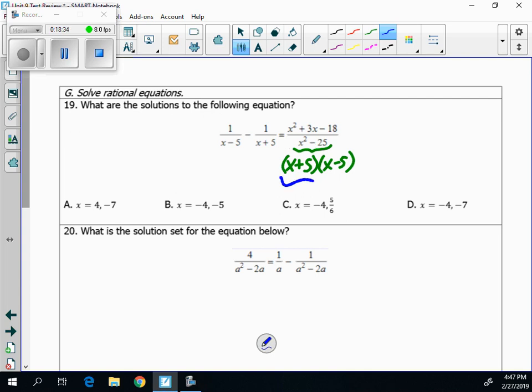Multiply that first fraction by x plus 5 over x plus 5. And our second fraction here, we're going to multiply by x minus 5 over x minus 5.